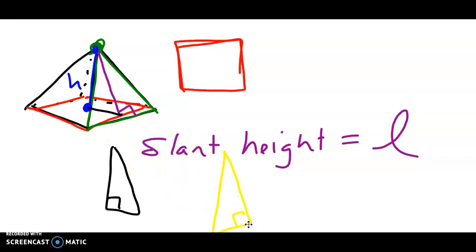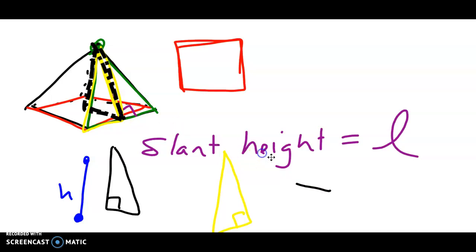So we have two right triangles, and if you look at it, this height right here is a leg to this surface triangle, but it's the hypotenuse to the triangle on the inside. So you're going to have some contradictory sides. They're going to mean different things.